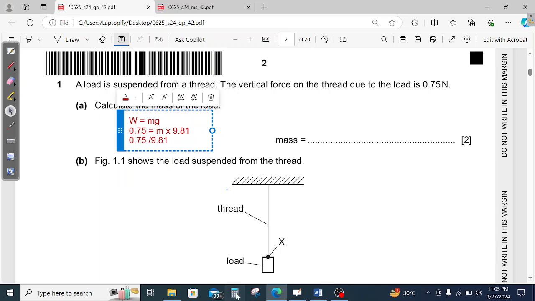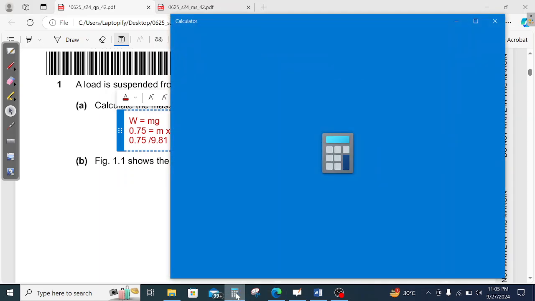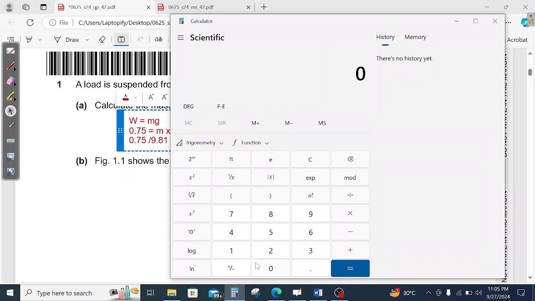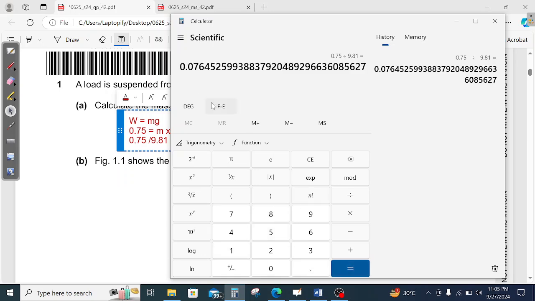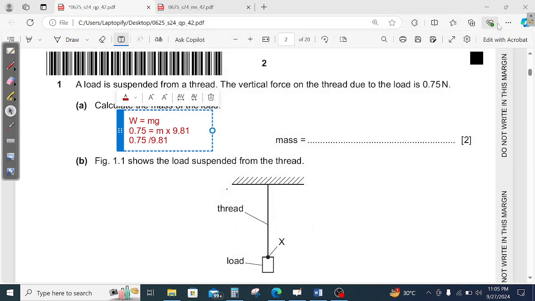What you will find here, I will solve in front of you. 0.75 divided by 9.81, you will get 0.076.